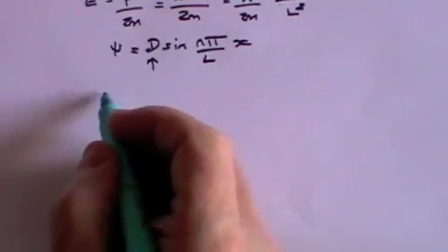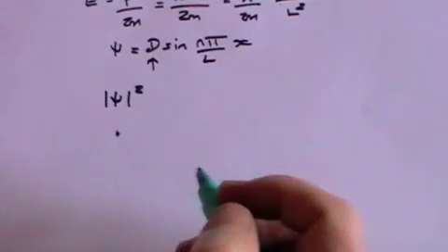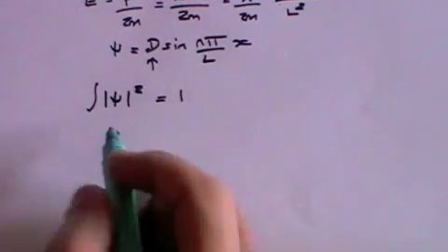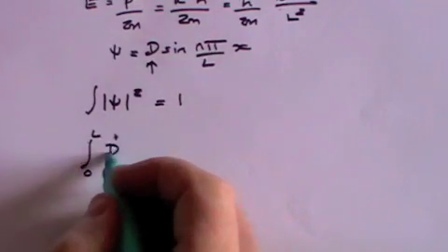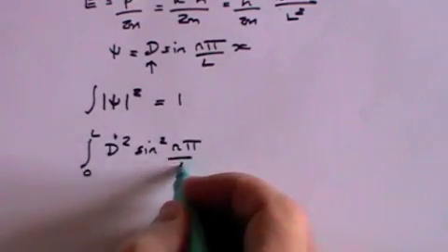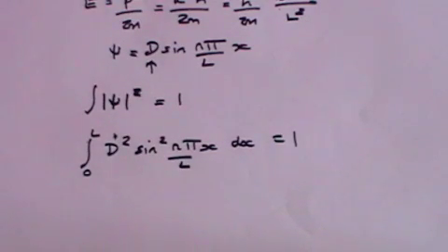Well, we want the usual requirement that the absolute value of psi squared, which is the probability of finding the particle, is 1 when you integrate it over the whole of the length L. So what we need to do is to integrate from 0 to L of the wave function squared. So we're going to square this wave function, and we get D squared times sine squared of n pi over L x dx, and we require that that equals 1.